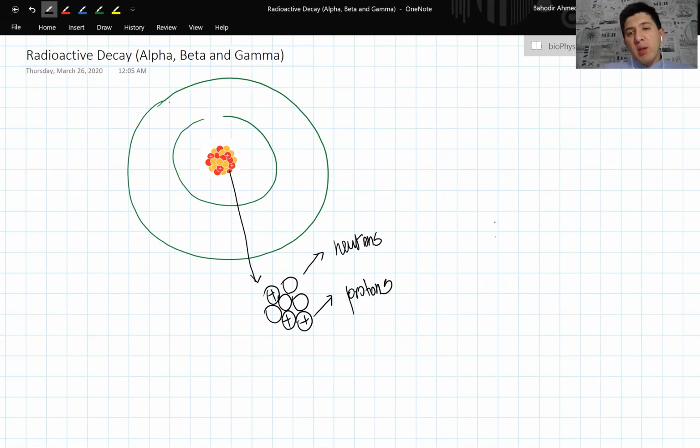For example, radon has the numbers 86 and 222, which means it has 86 protons inside its nucleus and 222 subatomic particles inside this nucleus in total.